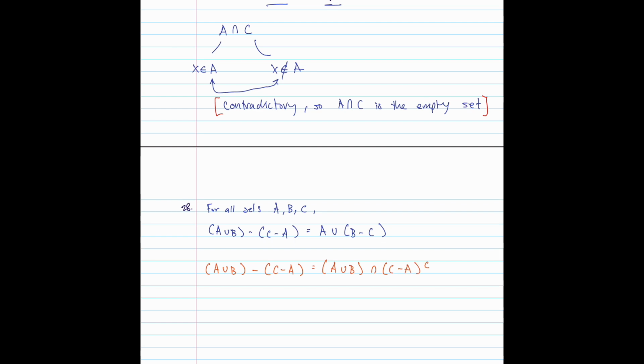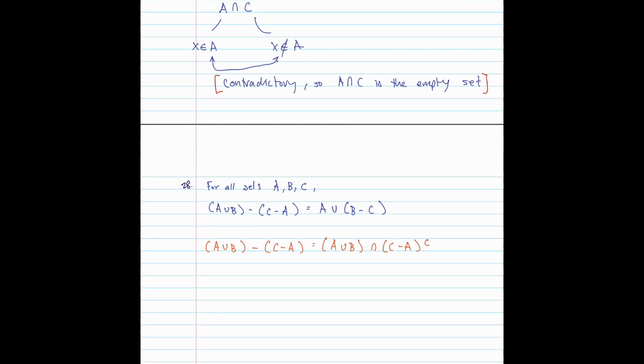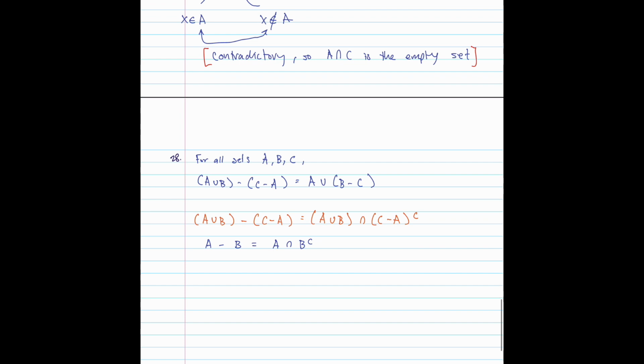So this was basically the difference of sets thing I was saying before, where A minus B equals A intersection with B complement.